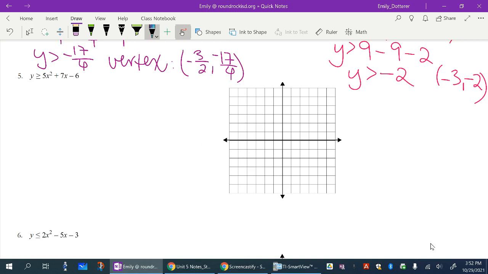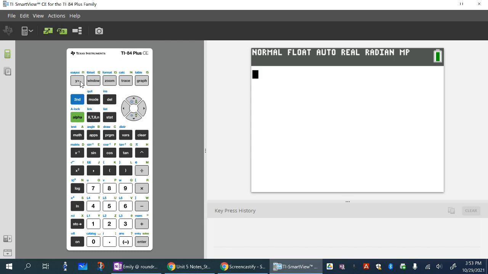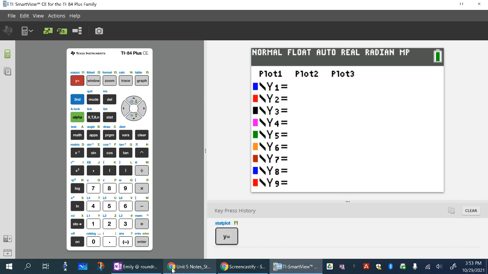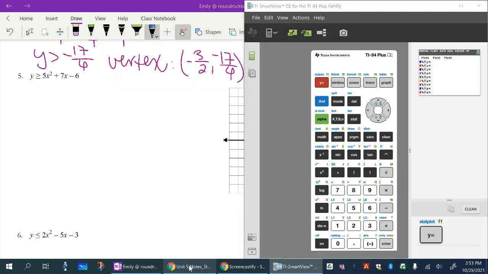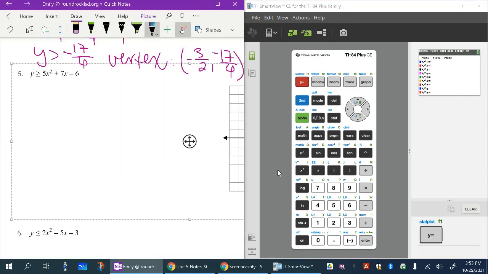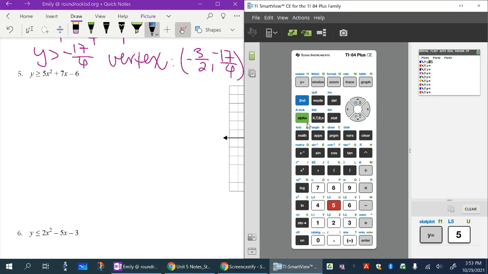Now, if you're in on level and you get a calculator on your test, you are more than welcome to go into y equals 5x squared plus 7x minus 6.